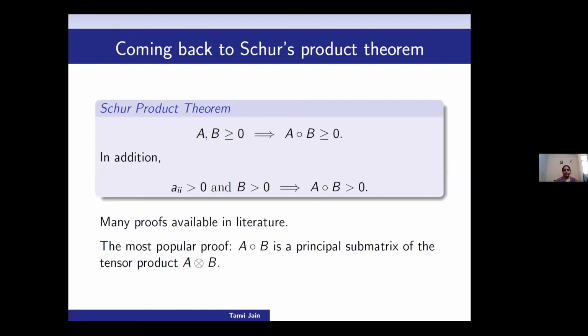If A and B are positive semi-definite, it's very easy to see that A⊗B is positive semi-definite, and therefore my principal submatrix would be positive semi-definite. But we will look at a very elementary proof that doesn't require more than what I have mentioned in this talk: the definition of positive semi-definite matrices and some very basic properties.